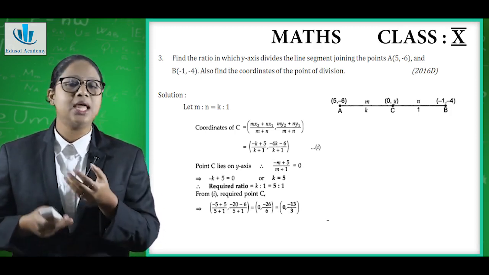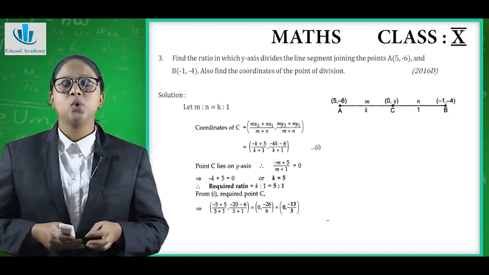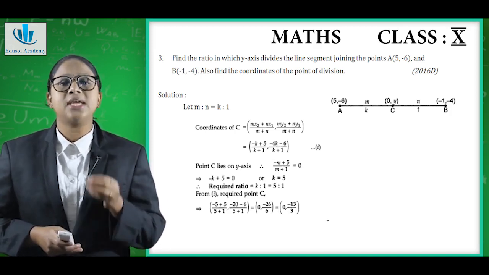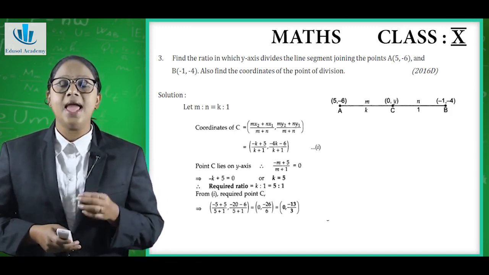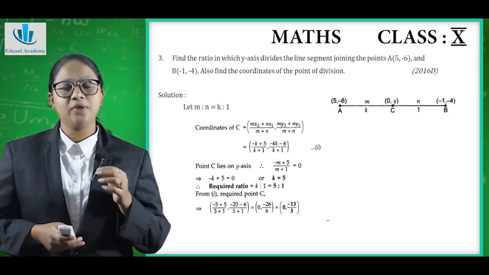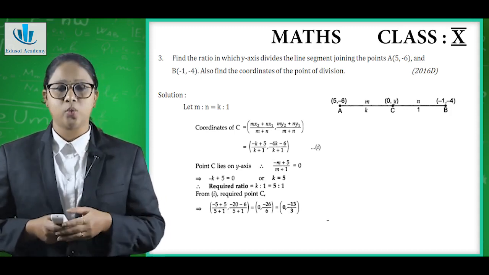It's not just any point, it's the y-axis that is dividing the line segment. So let's take that point as C, and any point on the y-axis can be expressed in the general form (0, y). There will be no x coordinate for any point lying along the y-axis.